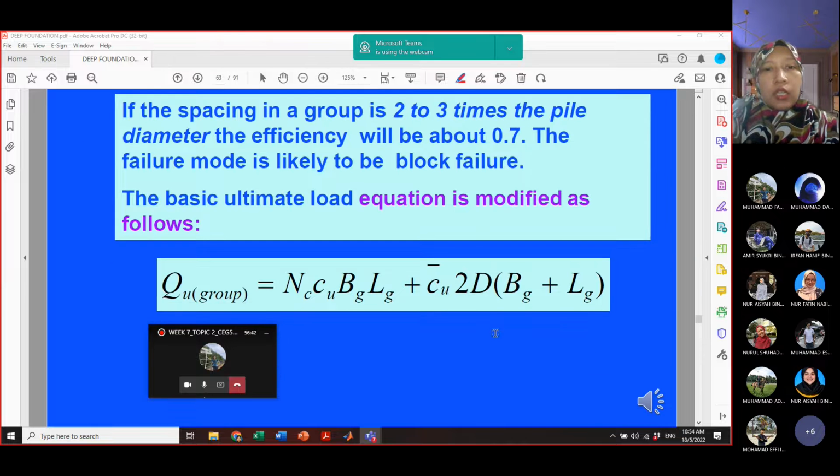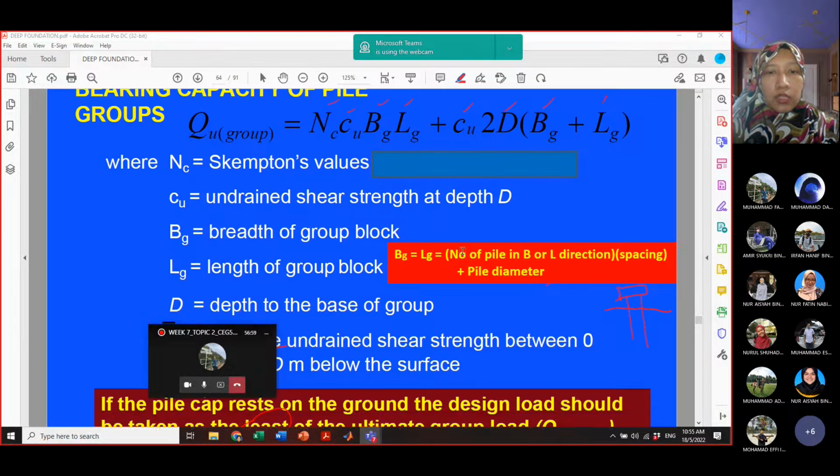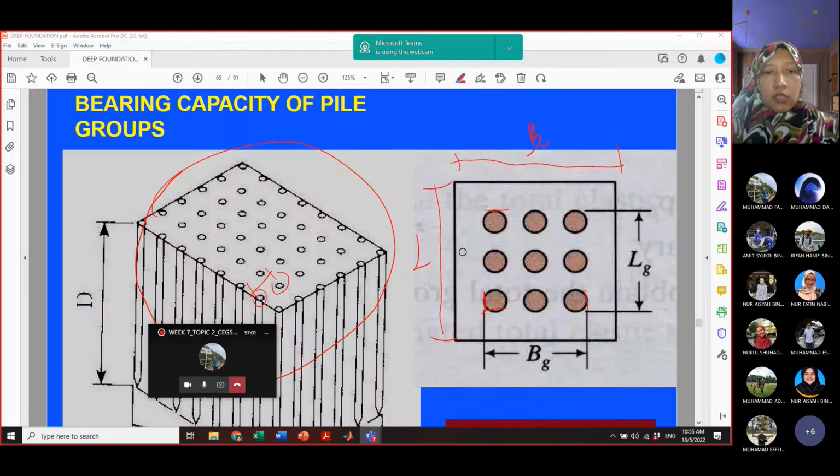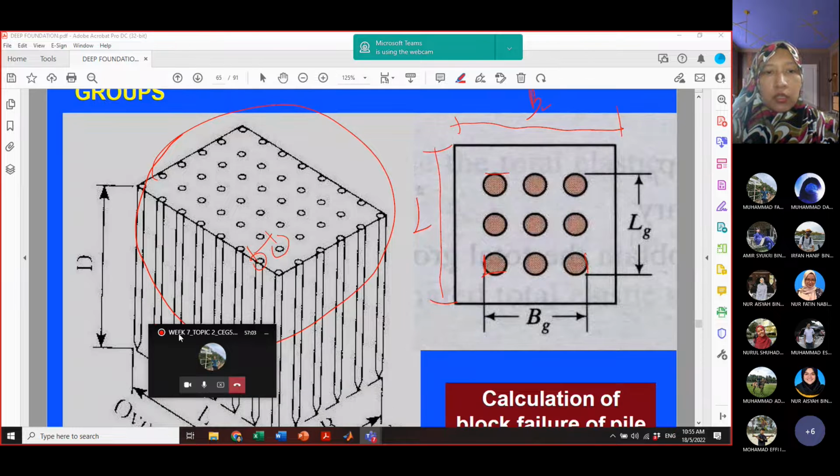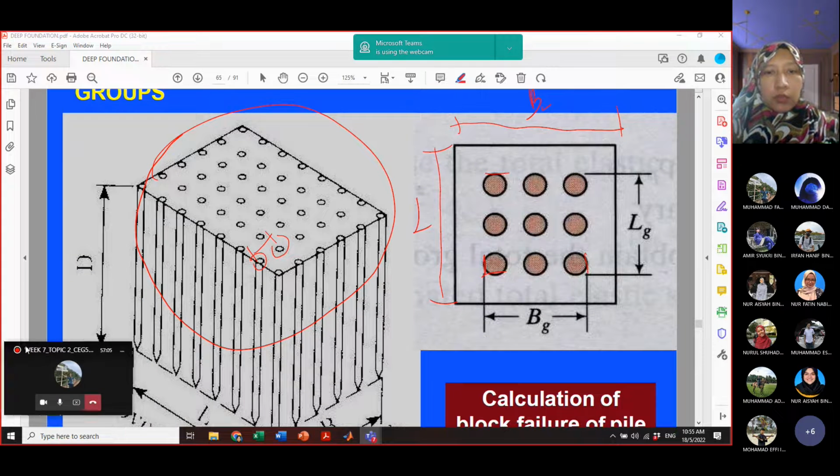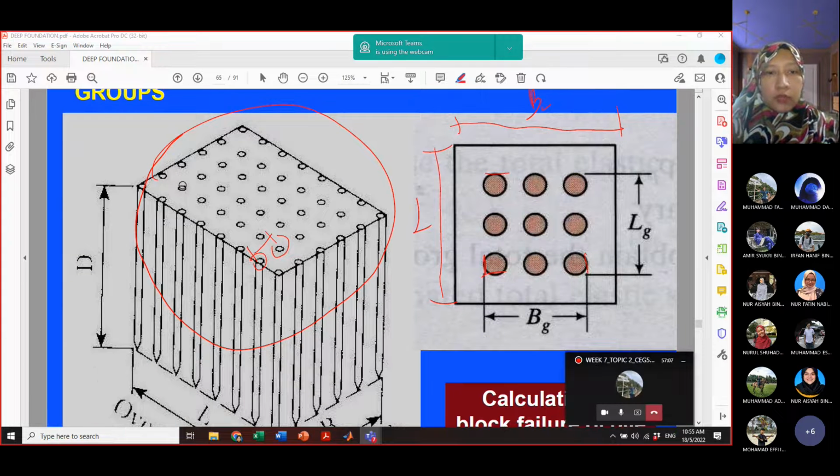Okay, the ultimate bearing capacity for the pile group can be estimated from this equation, Nc Cu BG LG plus the average undrained cohesion times 2D times BG LG. Okay, ini yang dia define balik lah apa dia BG LG. So BG LG ni kalau kita tengok, this is one example. You have a pile group.